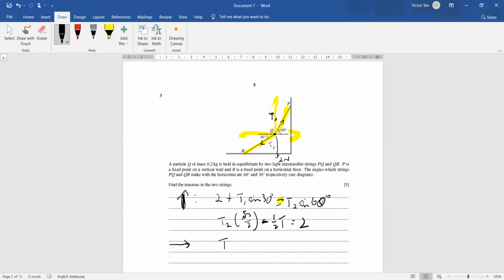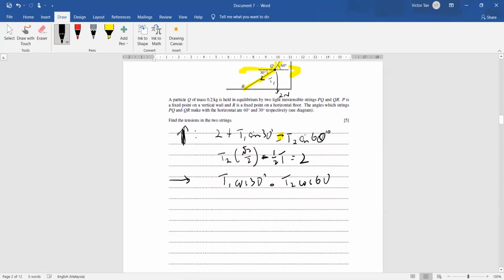So you have T1 cos 30 equals T2 cos 60. T1 root 3 over 2 equals half T2.